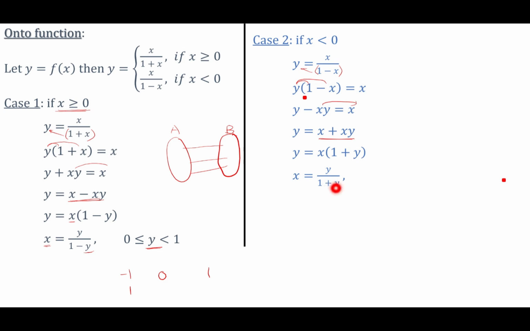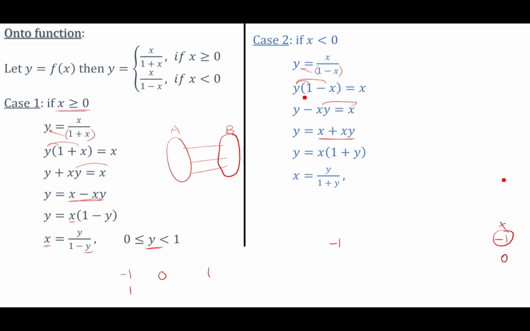Now, what are the y values I have to choose so that x is less than 0? Can I choose -1? I cannot choose -1. If I choose -1, it will be undefined. Can I choose 0? If I choose 0, x will be 0. I cannot choose 0 also.